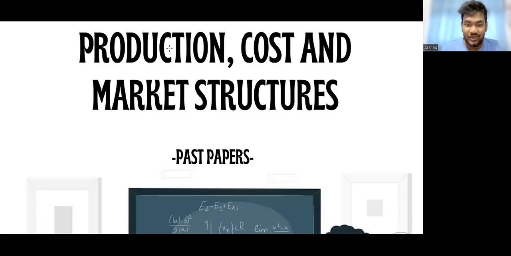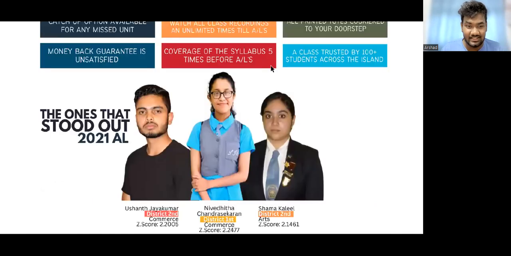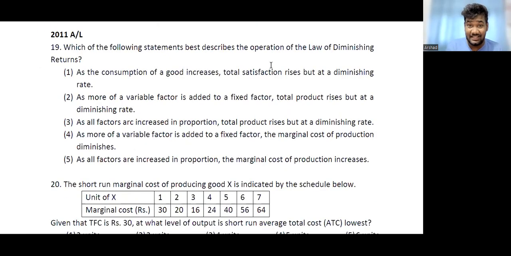Okay. So did you all start with the MCQs? The MCQs from the 2011 paper, the unit 4 MCQs. Did you all do at least 4-5 years? Because we usually discuss.